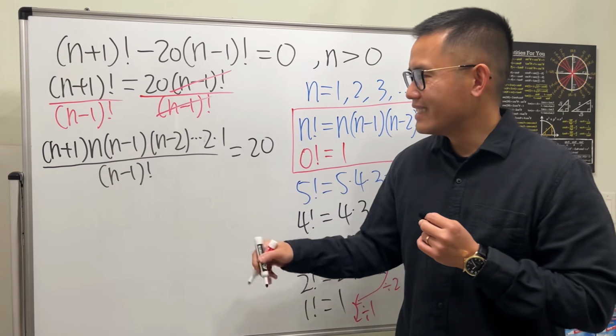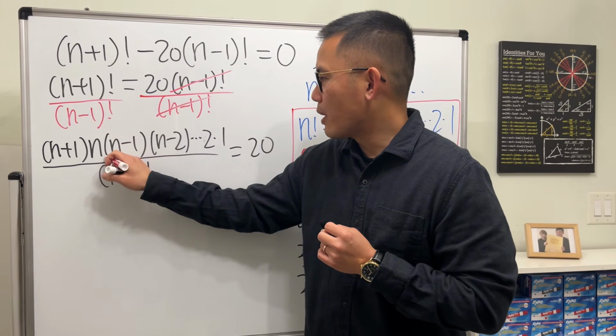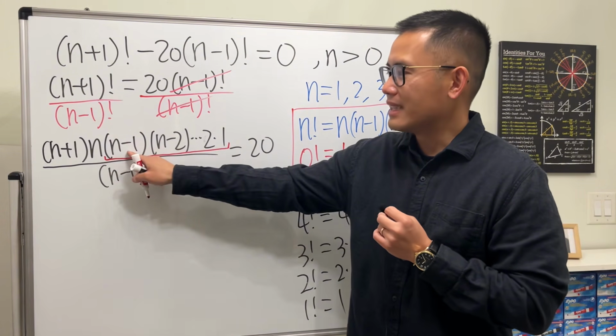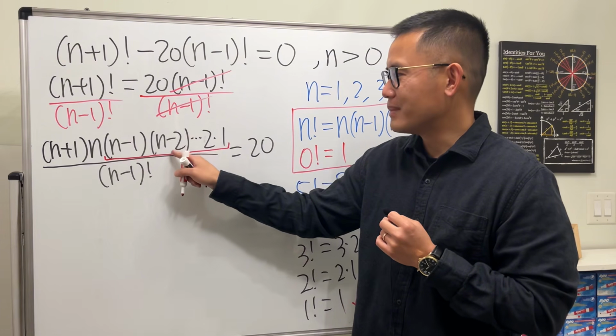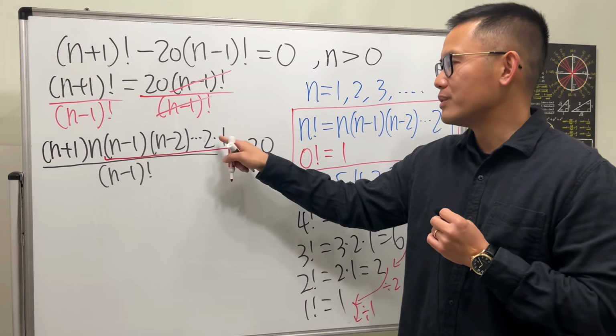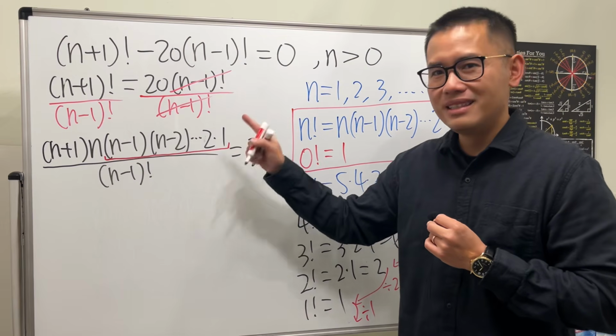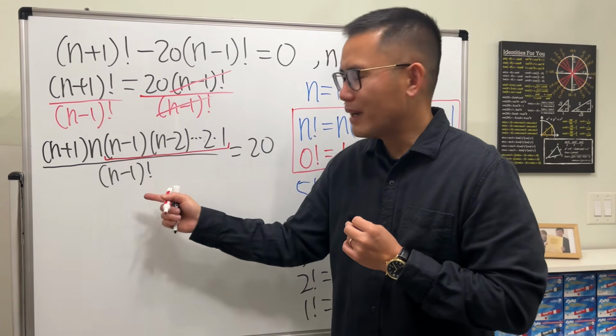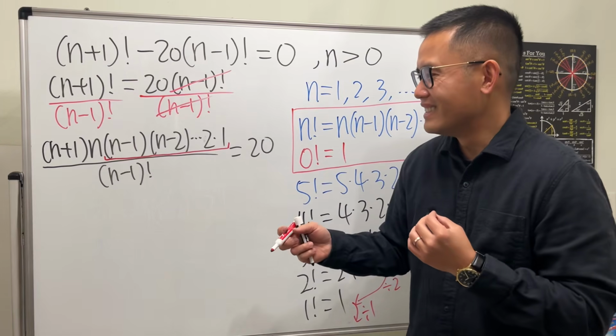Now, notice, this part right here is really just what? We started at n minus 1 times the next number, times the next number, all the way down to 2 and 1. This is really the same as (n-1)!.